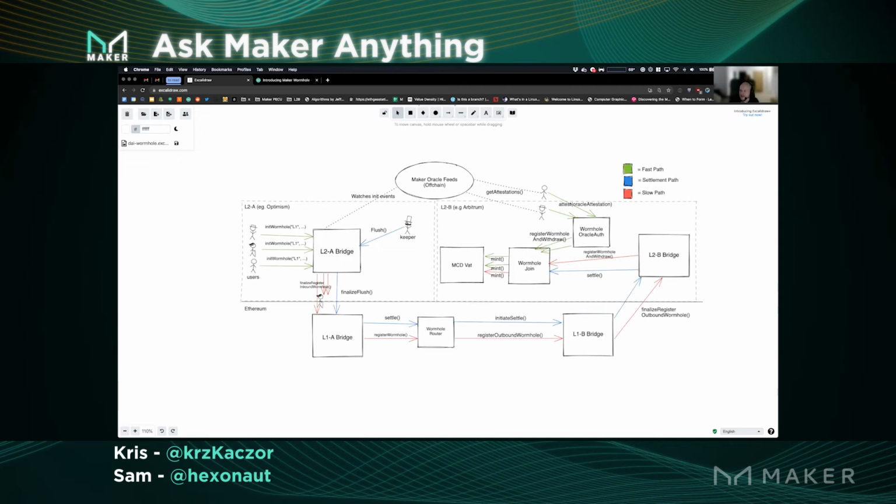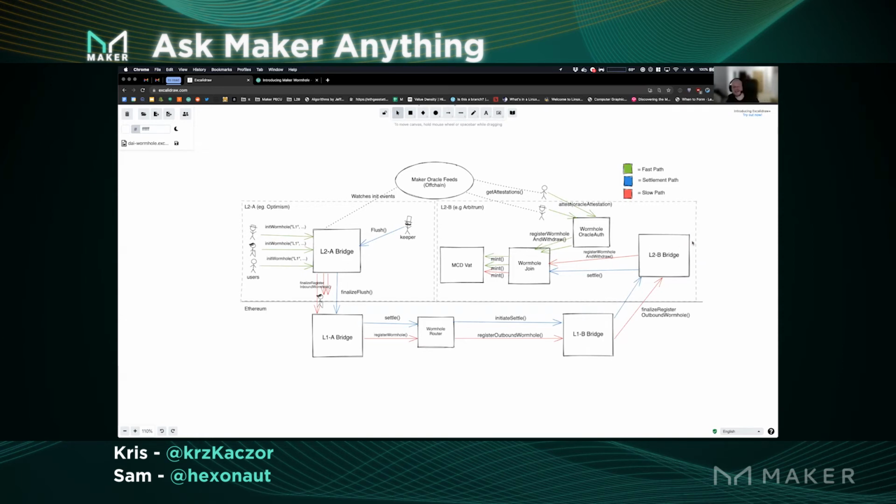So there was a question about pre-minting DAI. This is about deploying MCD on different domains in general. So yeah, maybe we can talk about this now. Let me answer this quickly.